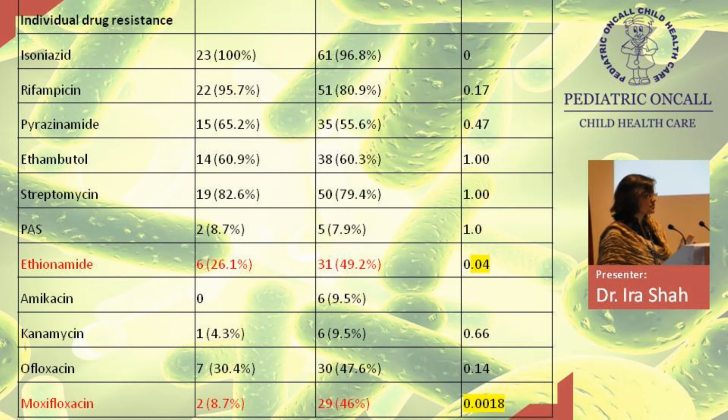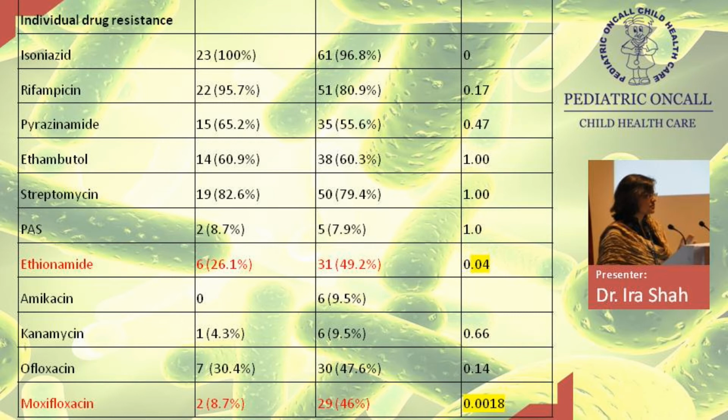PAS also remained the same. What became resistant is now ethionamide. Went up from 26% to 49%. So we started seeing a changing resistance pattern. We also started seeing a lot of resistance now coming to moxifloxacin, 4th generation quinolone. So what we were seeing is additional resistance to fluoroquinolones coming up.